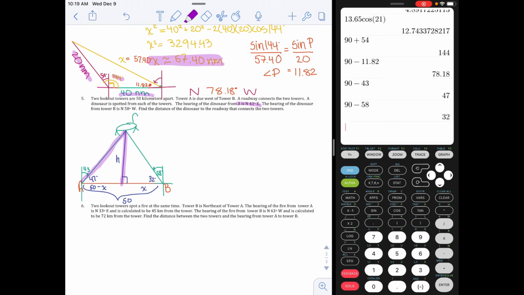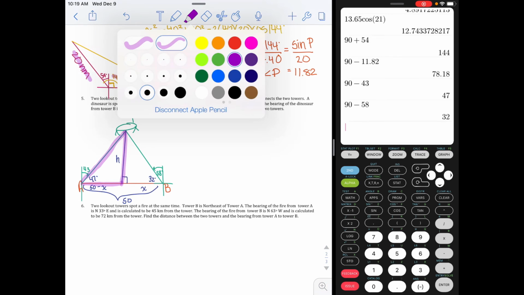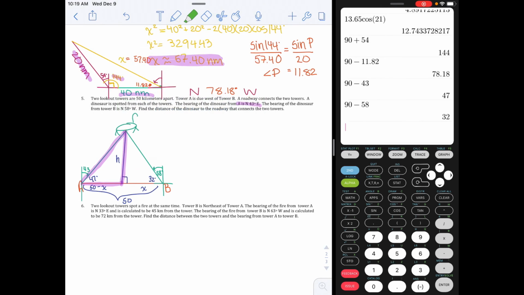We have this purple triangle, and then let's go green, this green triangle. Both of them share the height, right? So now let's write up our two equations, setting them equal to each other because they're sharing that height. From 47, the h side, and the only side that is known is 50 minus x, so I'm going to use tangent.